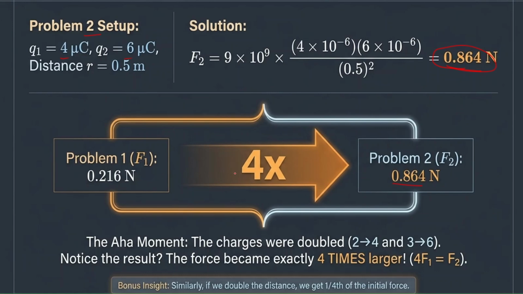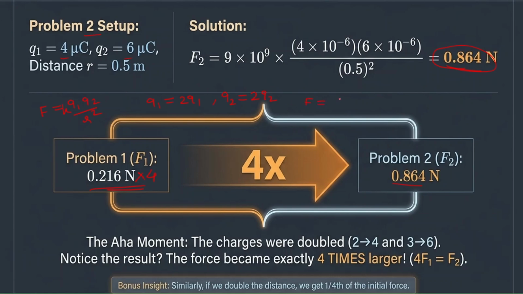The relationship between these is that it is multiplied by 4, because of this. Let me write this formula. If q1 becomes 2q1 and q2 becomes 2q2, I have to put these two values in this equation.